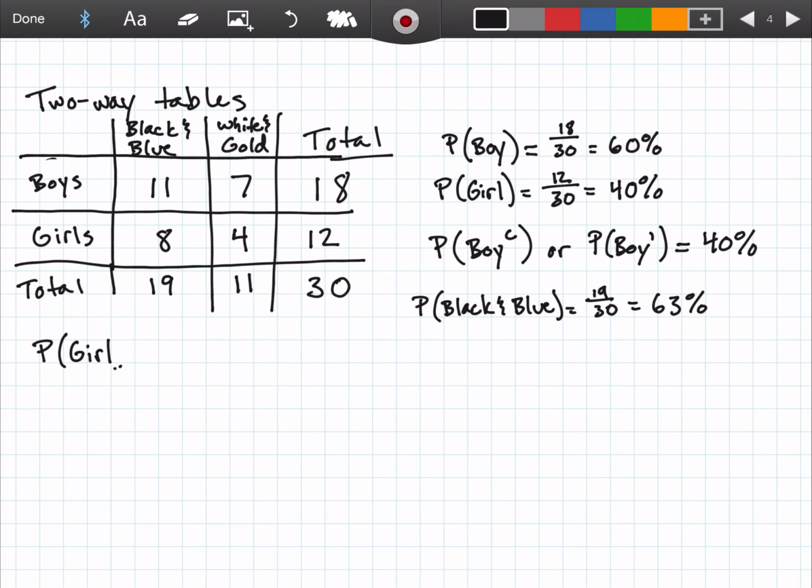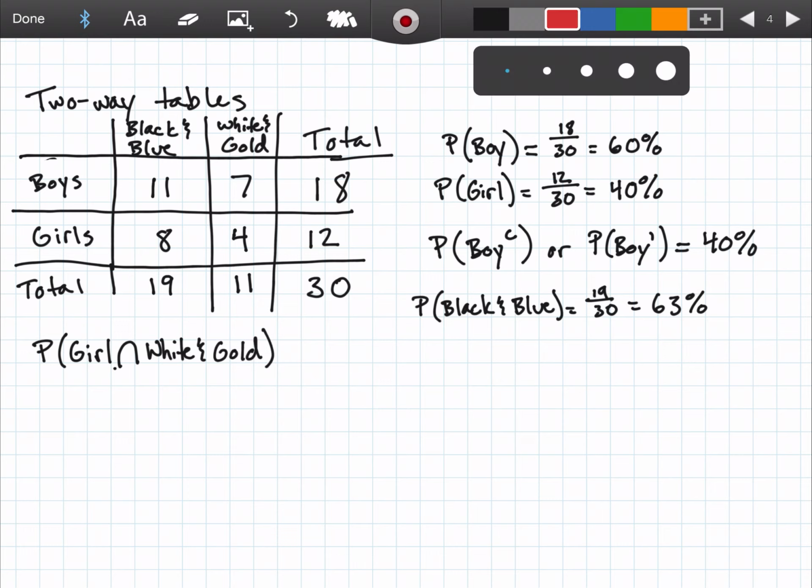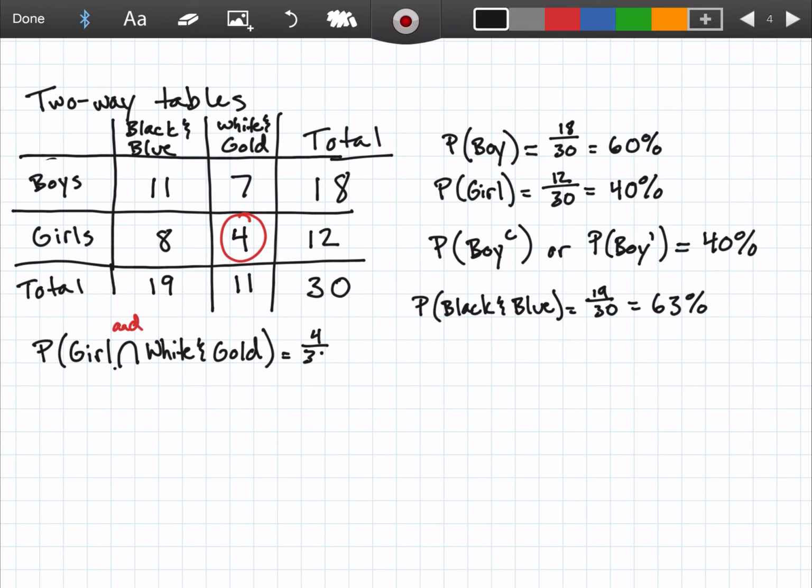Well, what's the probability that you're a girl and you see white and gold? Let's remember this means and. So a girl who also sees white and gold, well, that's 4 out of 30, because we're still out of totals here. So we get a 13.3%.